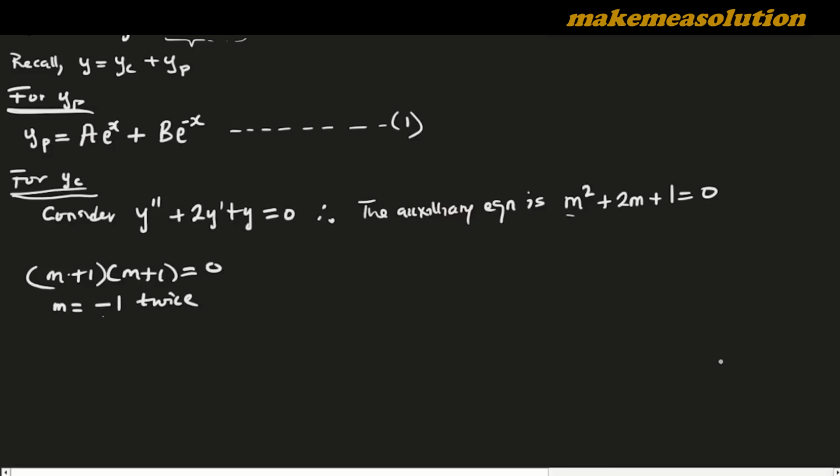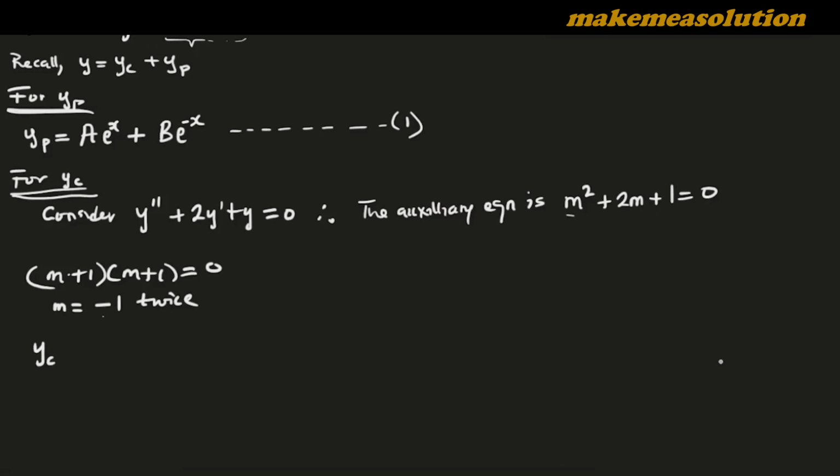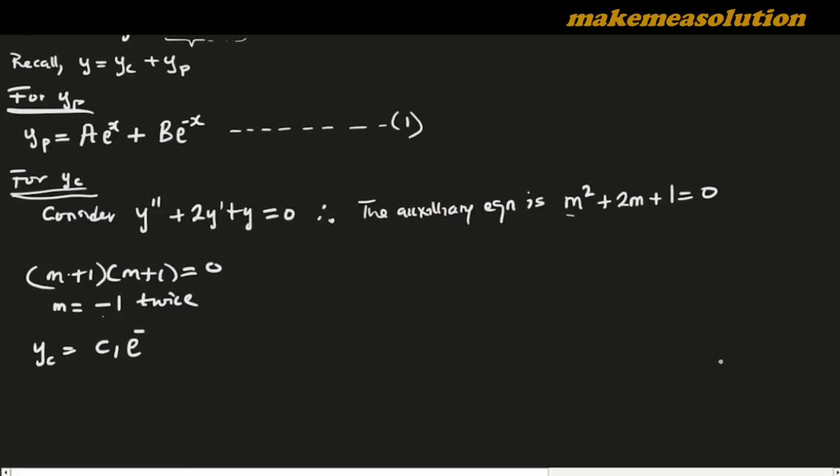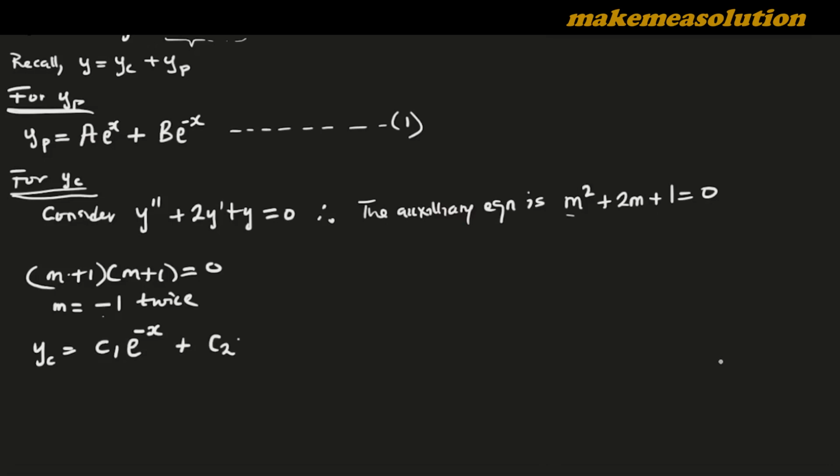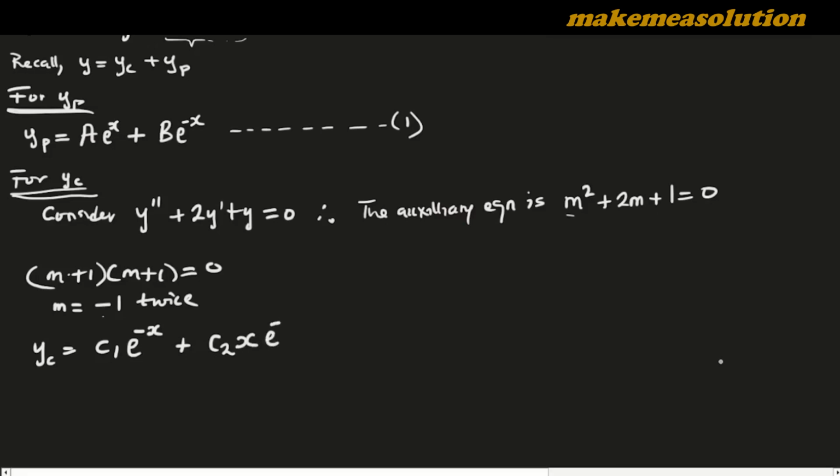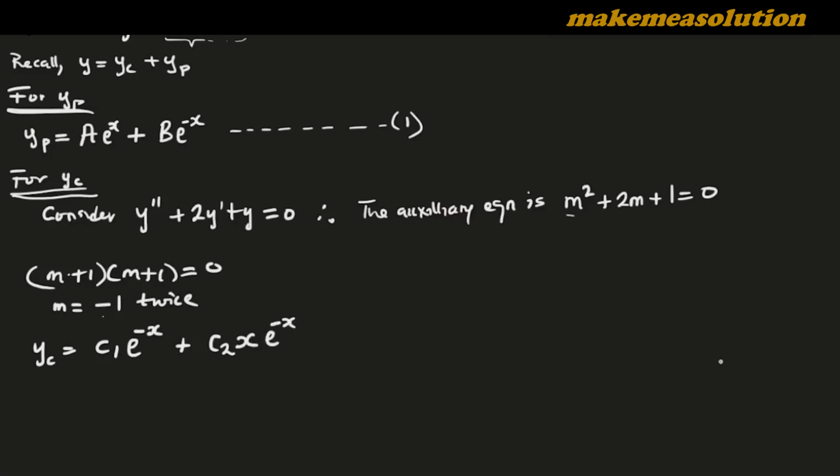For real and repeated roots, our complementary solution is given by c1 exponential minus x plus c2 x exponential minus x. Okay, so this is the form of our complementary solution.